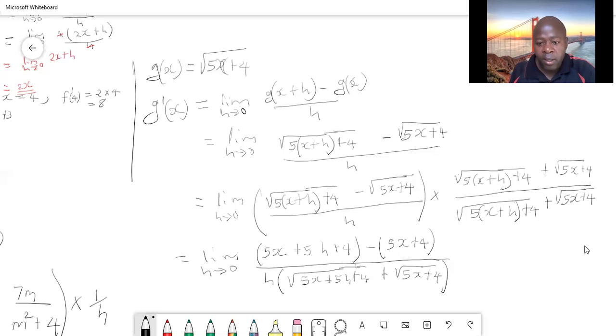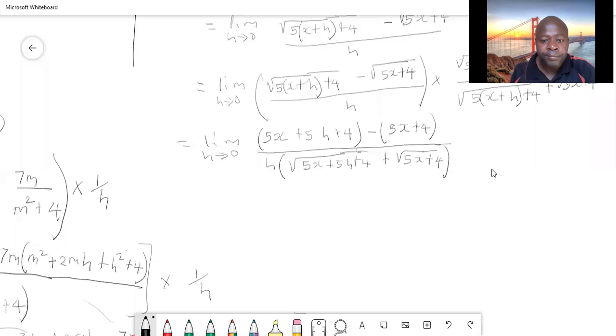Now the numerator can be simplified further.